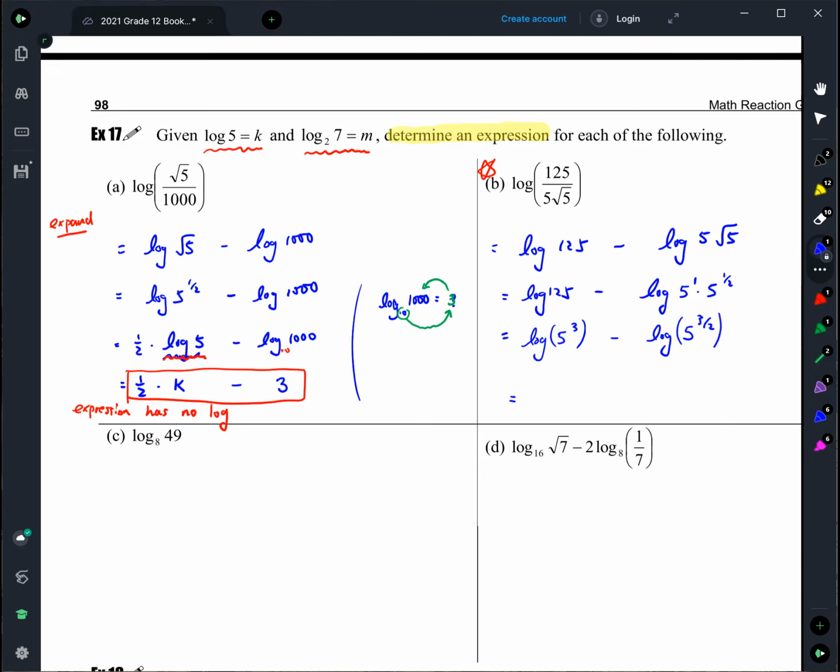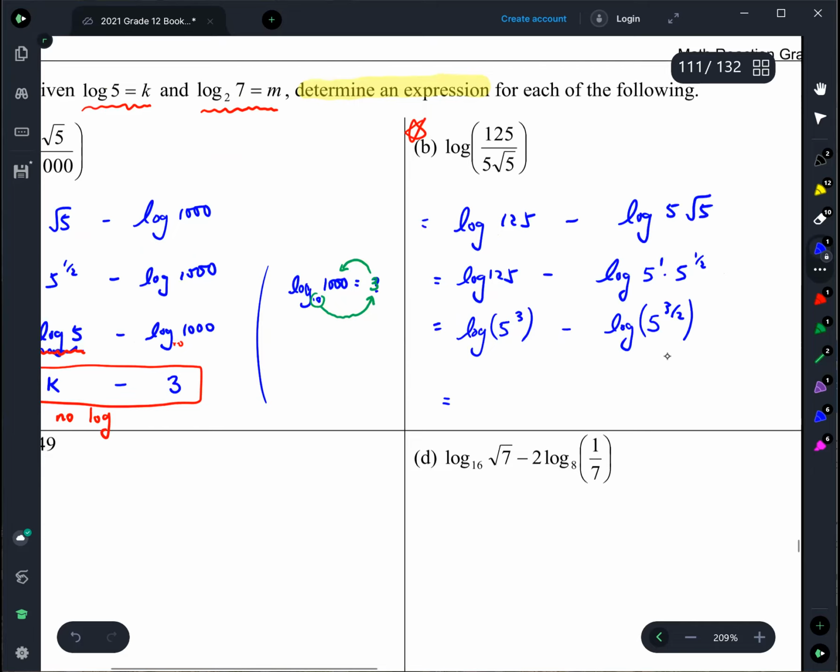Okay, and Philip, did you do anything after that? I turned the first log into 3 log 5. Oh, okay. So you bring the 3 to the front.